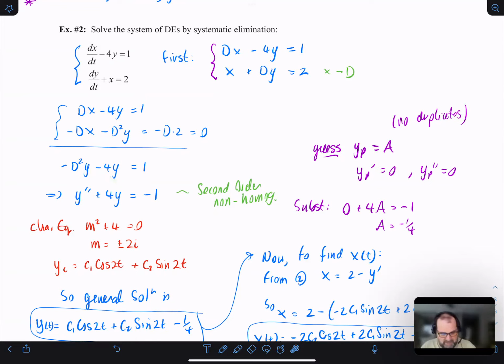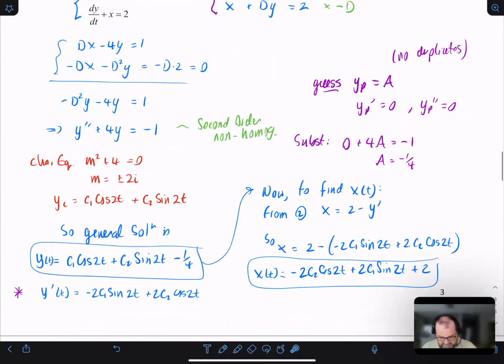And again, we can then apply the derivative operator. This is minus y double prime minus 4y equals 1. I can multiply through by -1 to make it look a little nicer. And so we are down to having a second order non-homogeneous equation for y here.